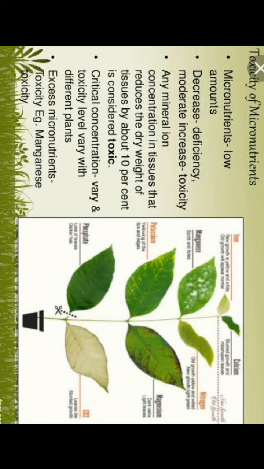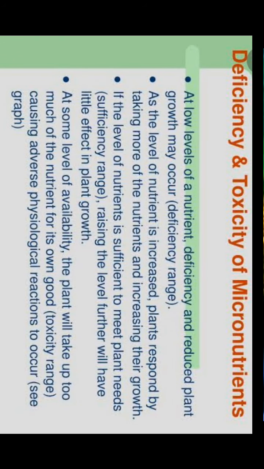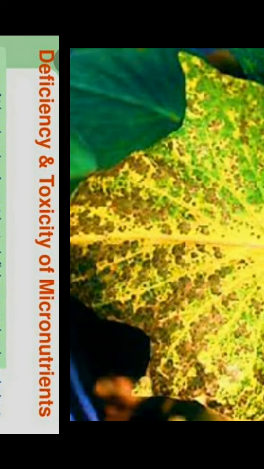Remember it. Clear? Then, can this knowledge be of some importance to a farmer or a gardener, or even for us in our kitchen garden? Now see how the toxicity is caused in different plants.